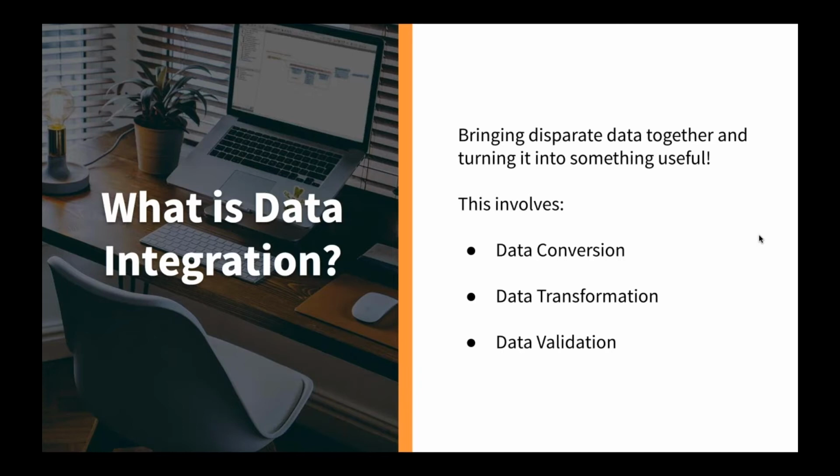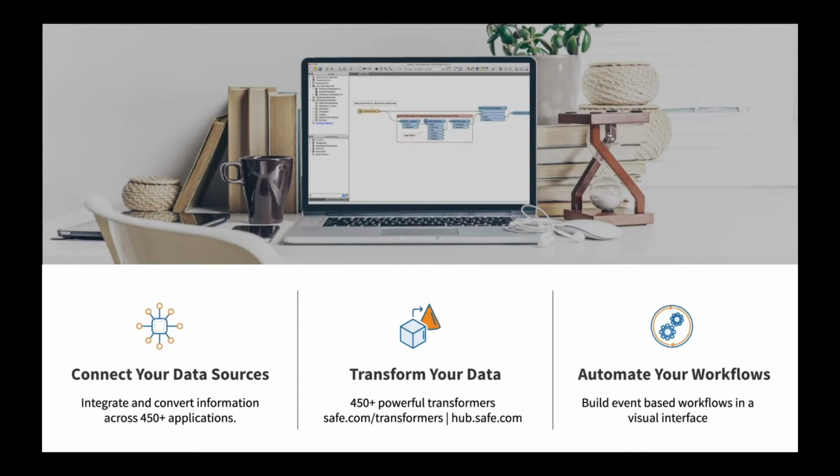Today, you'll get to see how data integration tools such as FME allow utilities to accomplish a variety of automation tasks. Our FME platform enables you to connect data between applications using a visual interface, as you can see here. You can connect your data sources by integrating and converting information across 450 plus applications using FME Desktop. You can then transform your data.